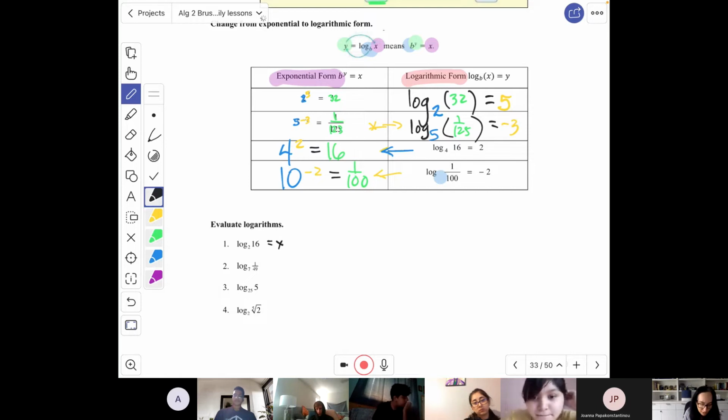So go ahead and evaluate each of these logarithms. The easiest way to do it, in my opinion, is to convert them to exponential equations. Let's simplify each of those and see what we get.